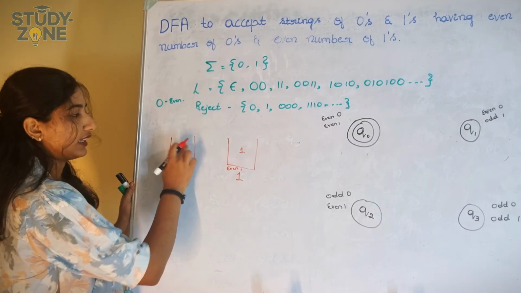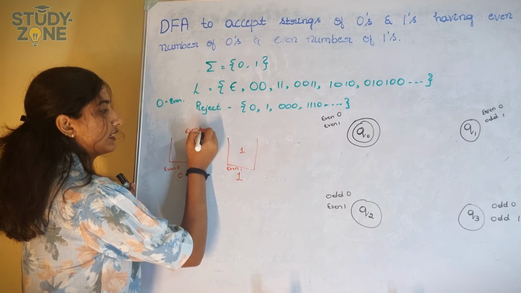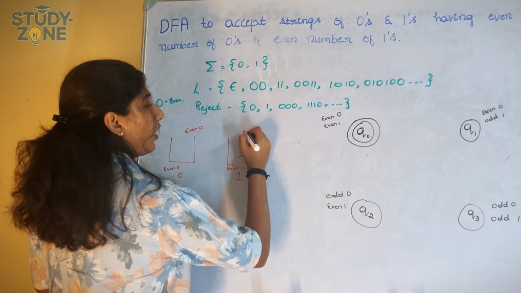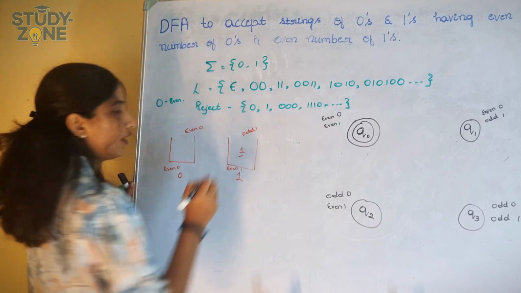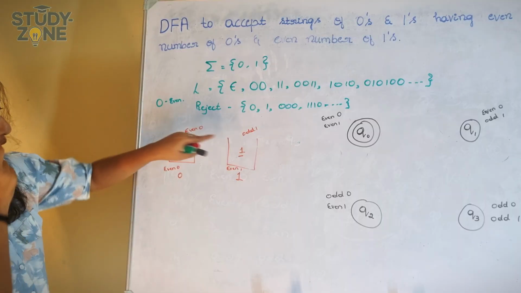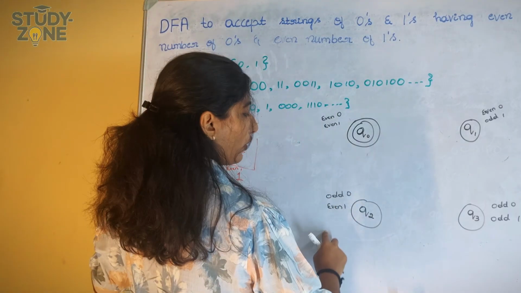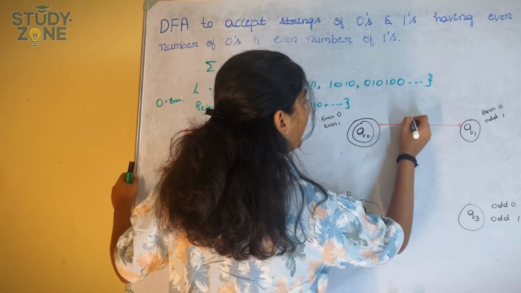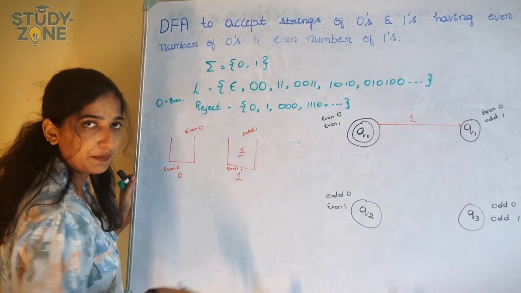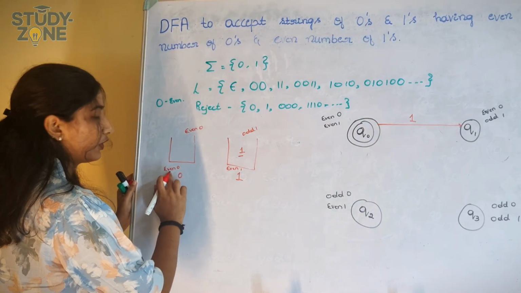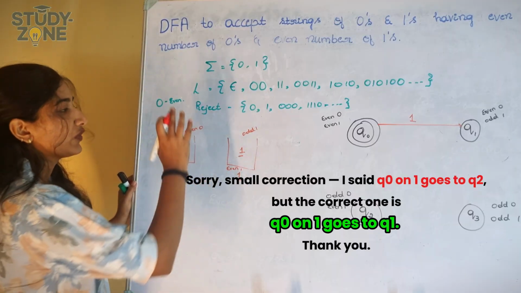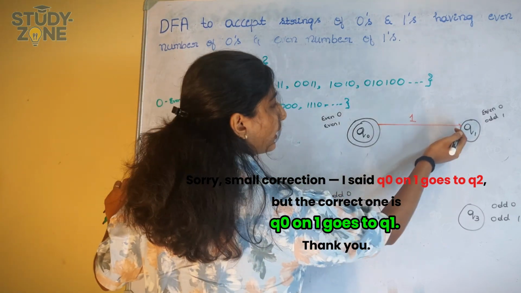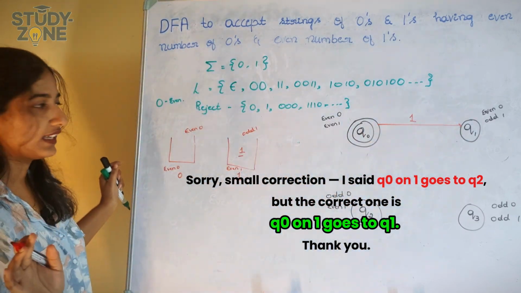Here there is nothing added, which means even 0 stays, but I added 1 to the 1 basket, which means it becomes odd 1. So even 0, odd 1. Check which state has even 0, odd 1: Q1. So Q0, which means even 0, even 1, on 1 moves to the Q1 state. Done. Is it clear?